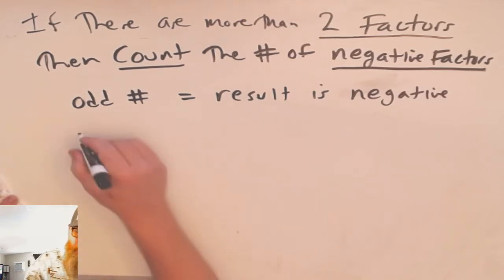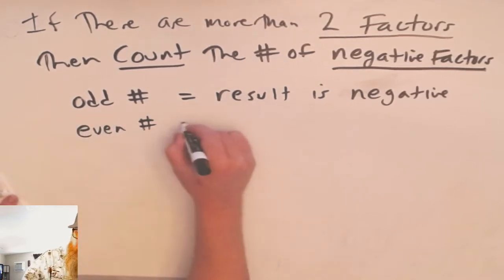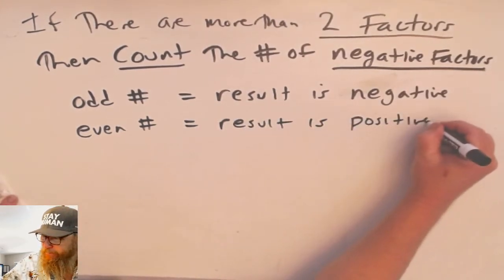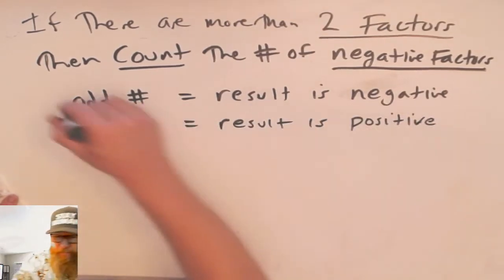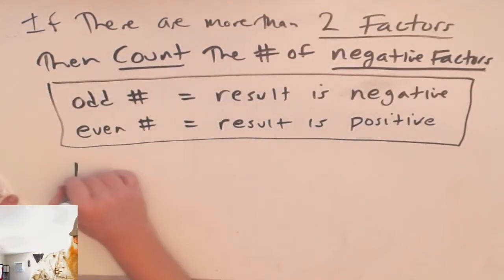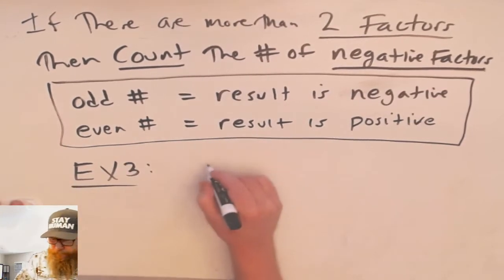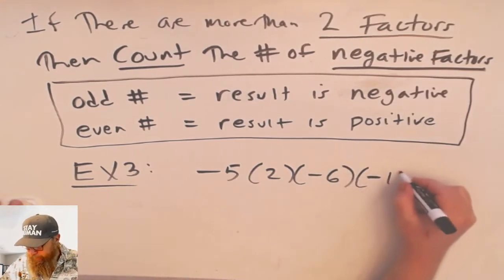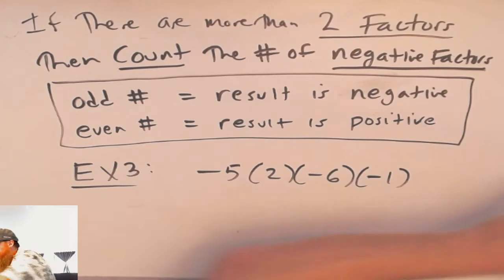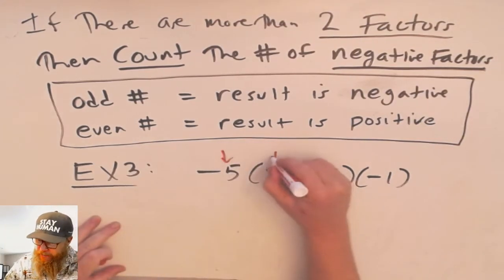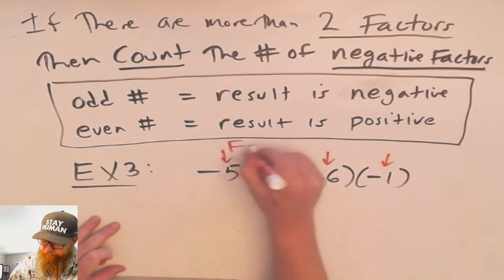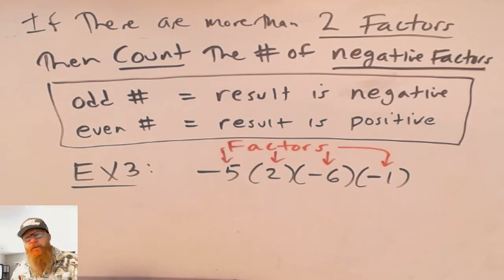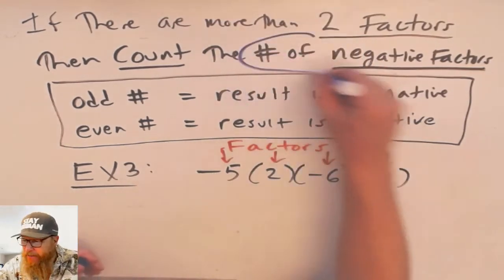You can say answer, but I'll say result. If there's an even number, the result is positive. Okay, so these are the factors. All right, count the number of negative factors.